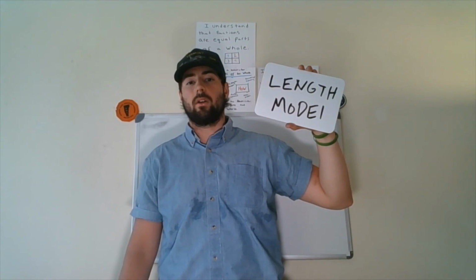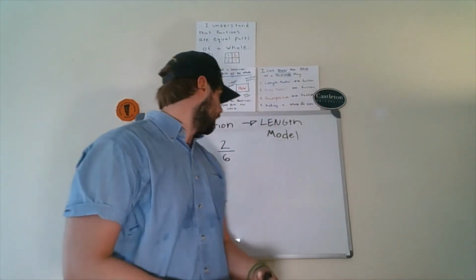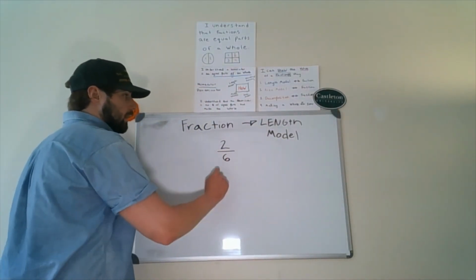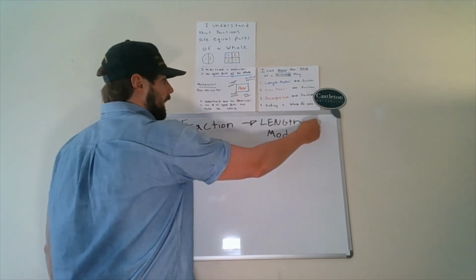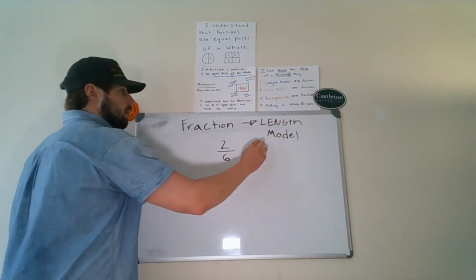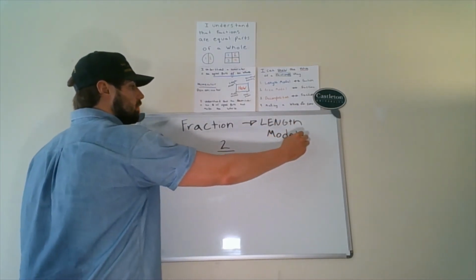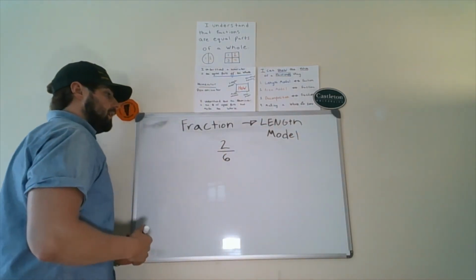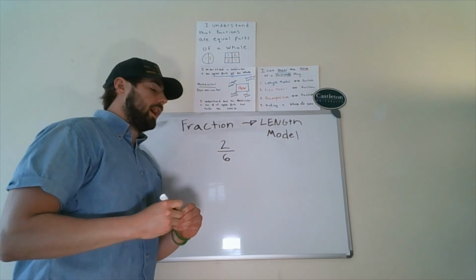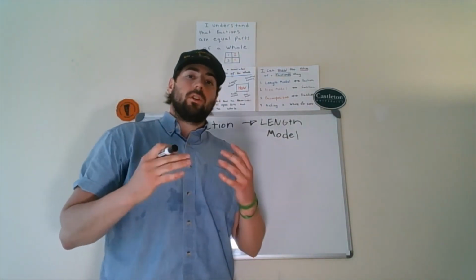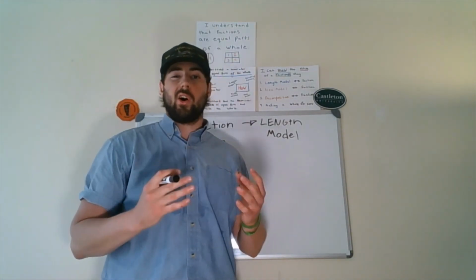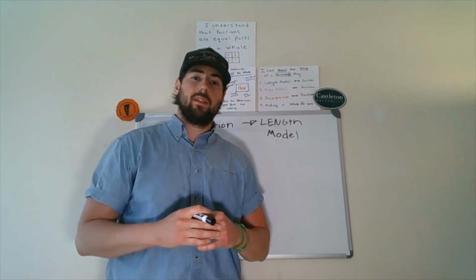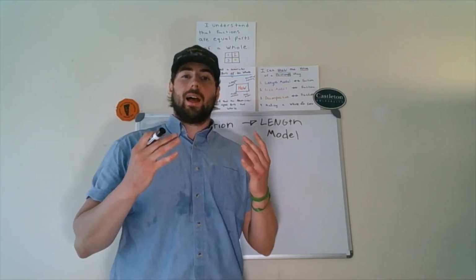with the length model. All right, starting with a fraction and showing it as a length model, demonstrating my understanding of the value of fractions using that length model. Guys, over and over and over again, I say it all starts with the parts that make that whole.